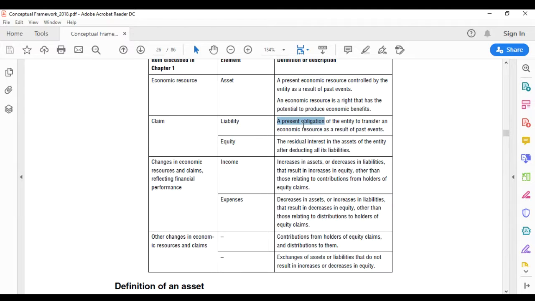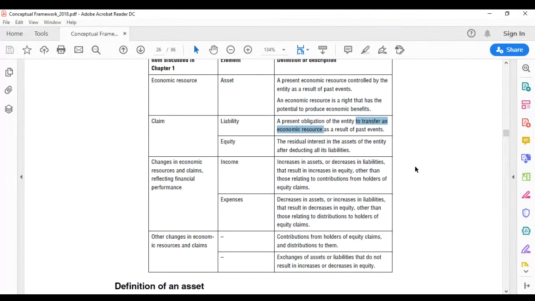So this is something that they've already purchased, haven't paid for, so it is a present obligation of the entity to do what? To transfer an economic resource, right? You are going to transfer an economic resource, mostly in the form of cash, but it doesn't have to be in the form of cash.